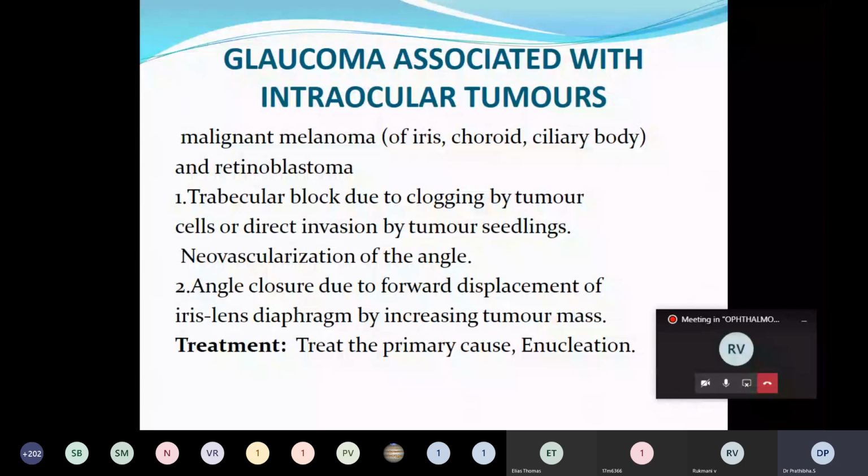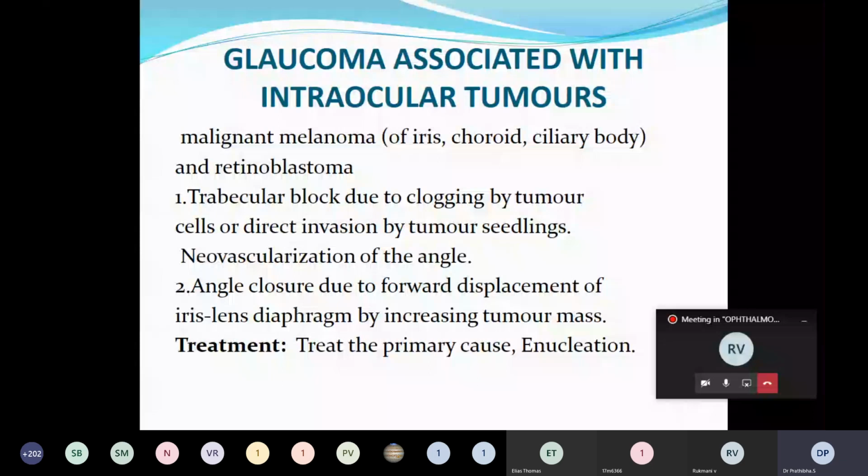Now, glaucoma associated with intraocular tumors. For completion's sake, I'm doing this: any intraocular tumors can give rise to raised IOP. Malignant melanoma of the iris, choroid, ciliary body, and retinoblastoma can lead to trabecular block due to clogging of the tumor cells.